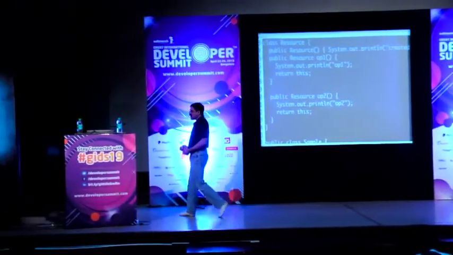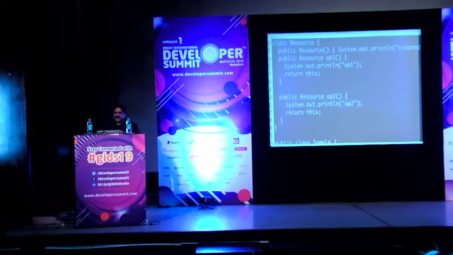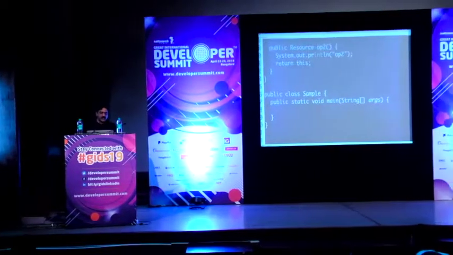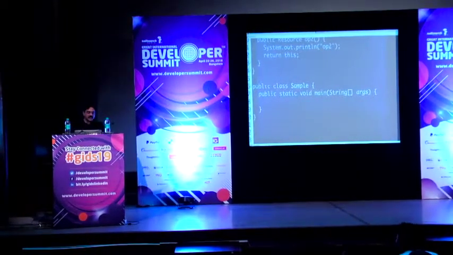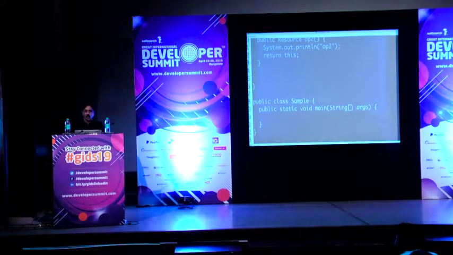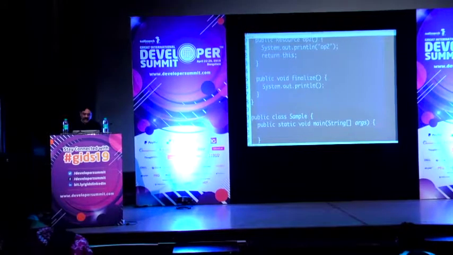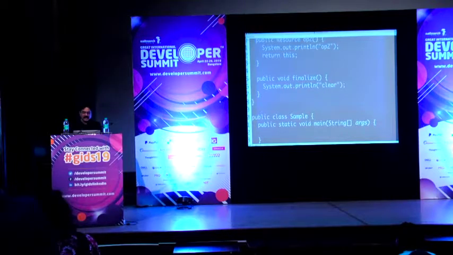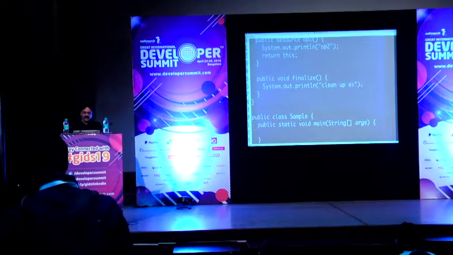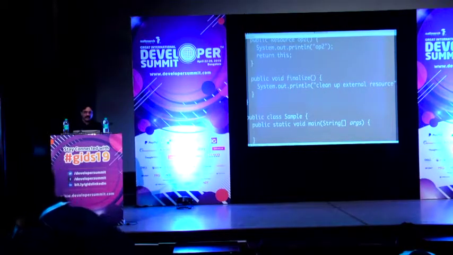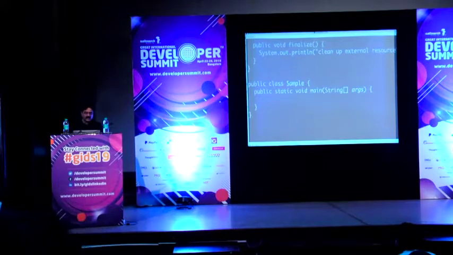Well, you know that Java has automatic garbage collection. Unfortunately, though, as much as Java has automatic garbage collection, you don't know when the garbage collector will be called. So if you were to write a finalize method, and in the finalize method you say clean up external resource. Now, what's going to happen in this example?